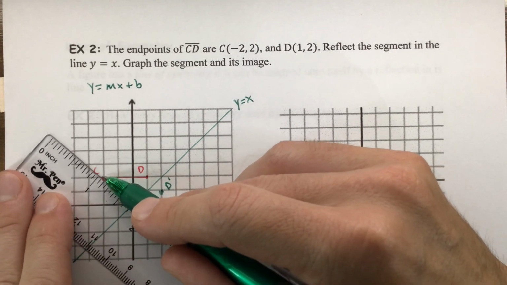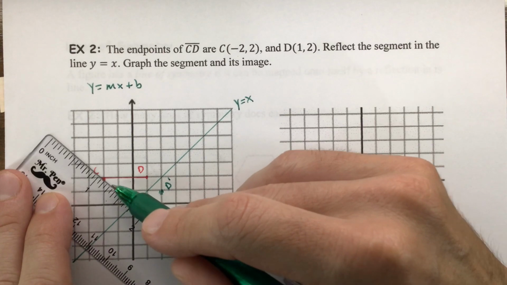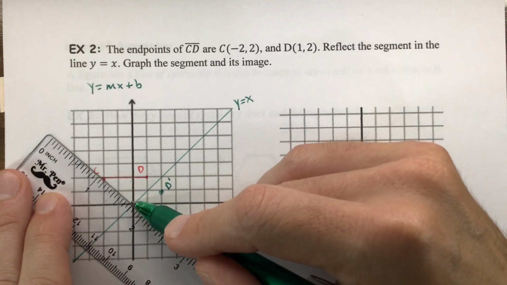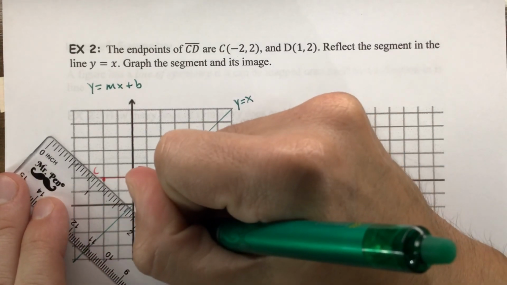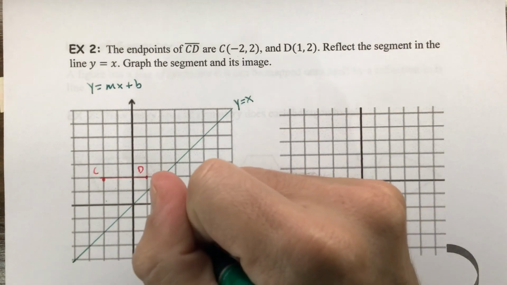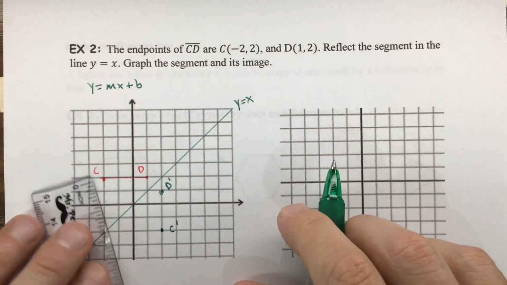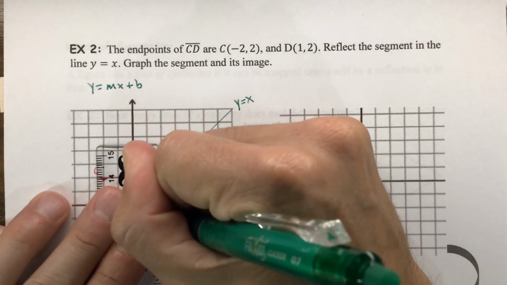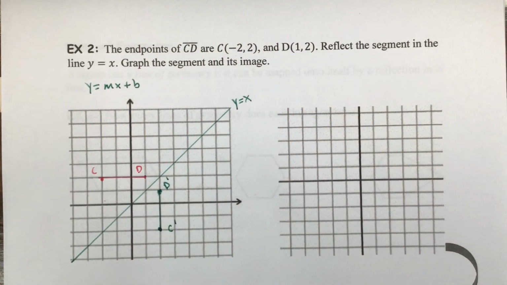That would be across the diagonal of that square, which is 2 and then 2. If I do that again, 2 and 2, that gives me C prime. When I connect D prime and C prime, I get a segment that is the same length, still length 3. It's interesting that you start with the horizontal and end up with a vertical.